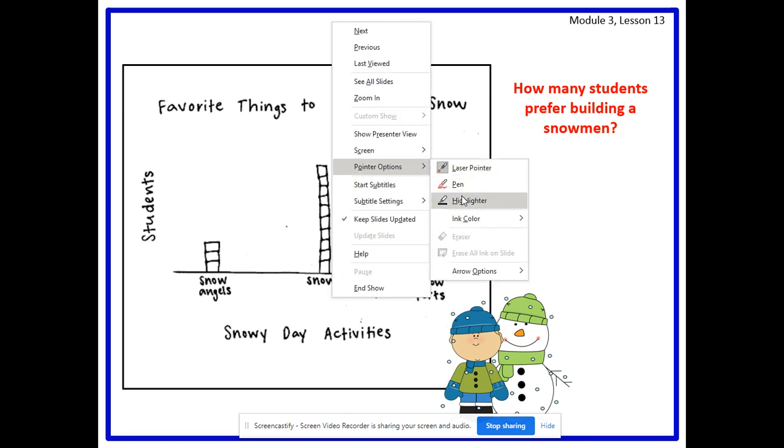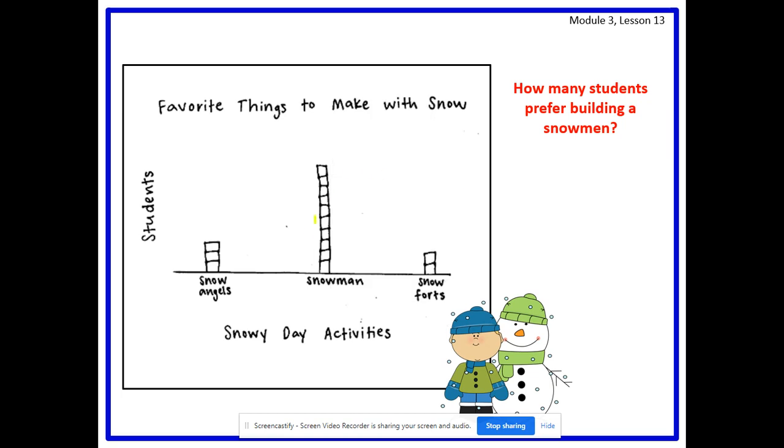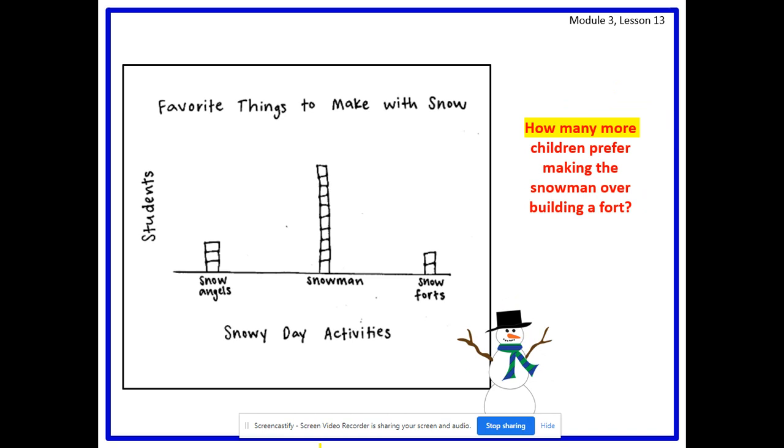So, the question is asking us about snowmen, and it's saying how many students prefer building a snowman. So, all we have to do to answer this question is look at snowmen and count each square. Count with me. 1, 2, 3, 4, 5, 6, 7, 8, 9, 10. So, how many students? Yes, 10 students.